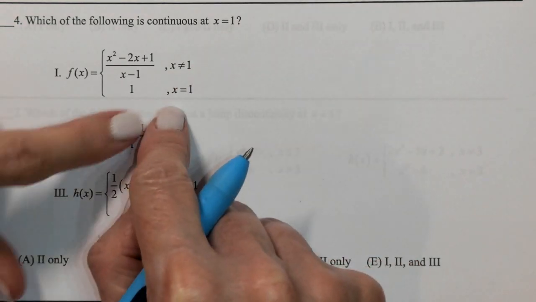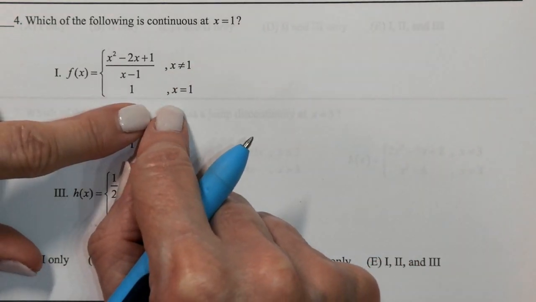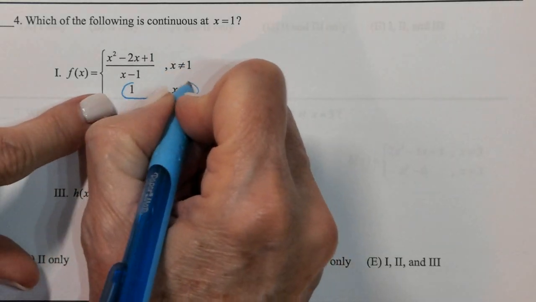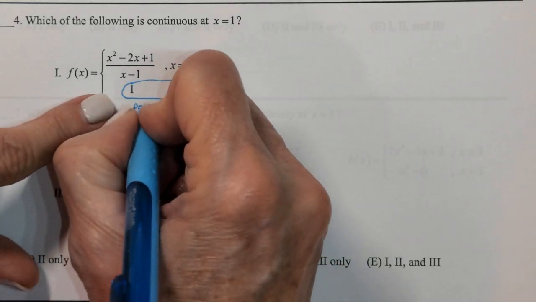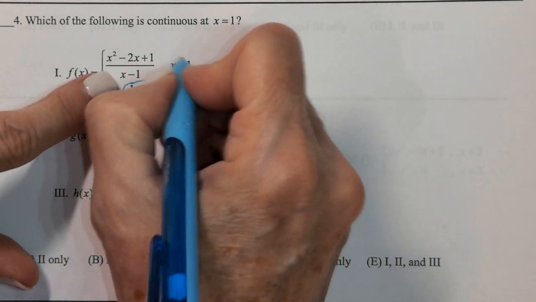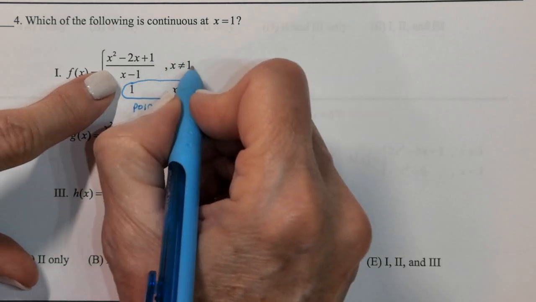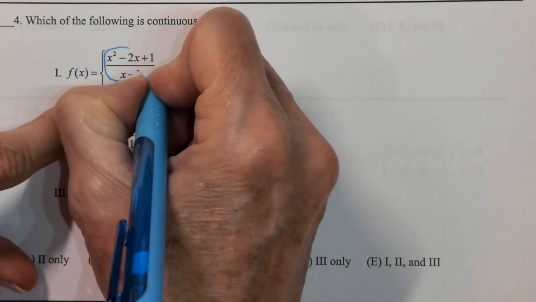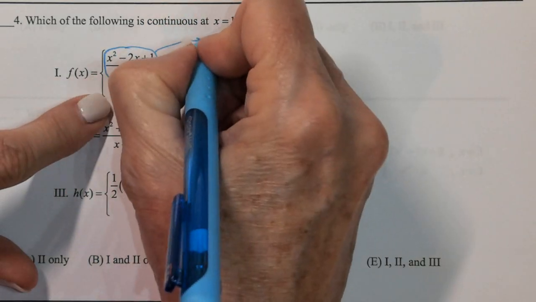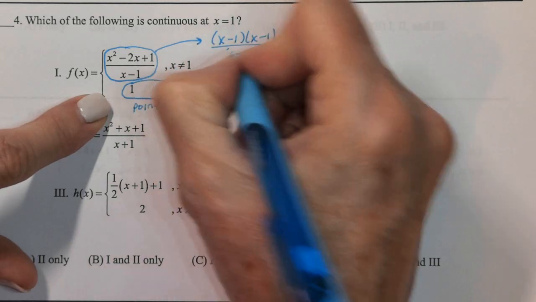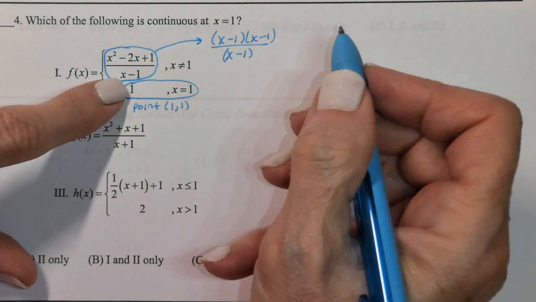All right, first up we have this piecewise function. This is just a point. This is the point 1, 1. This is true everywhere except x equals 1. So I'm going to clean this up. We can factor the top and the bottom. Well, not factor the bottom, it's just the bottom.